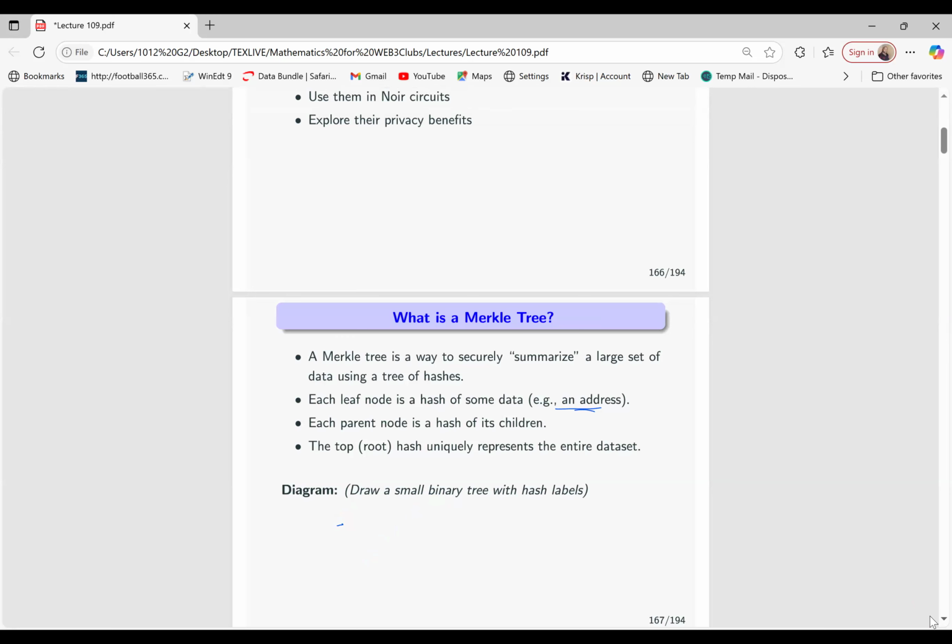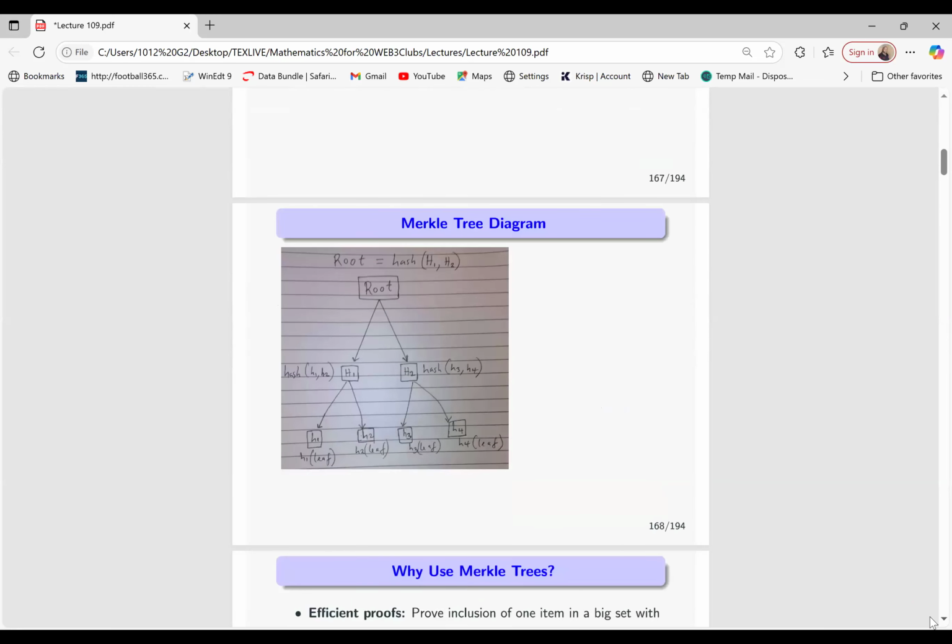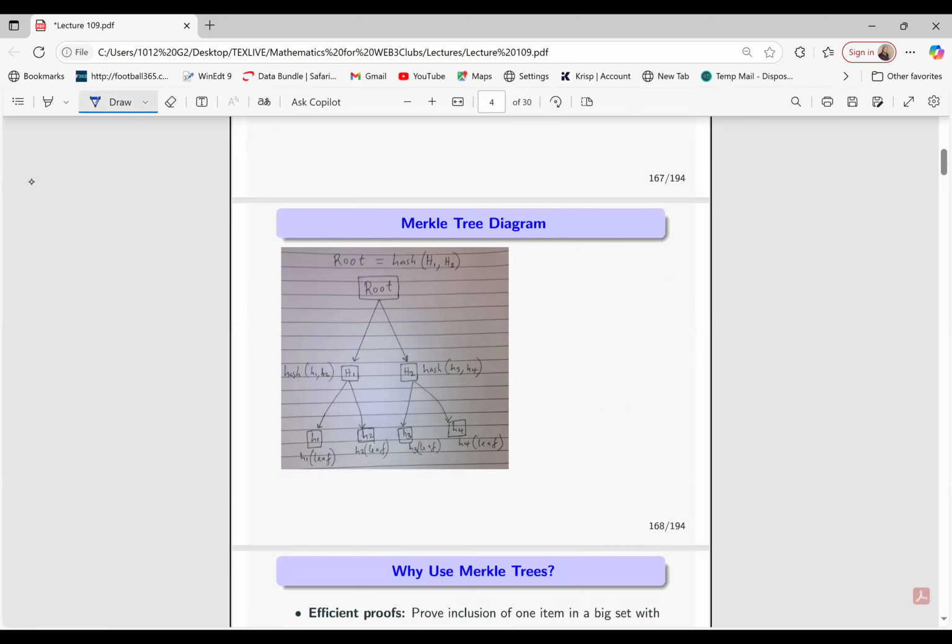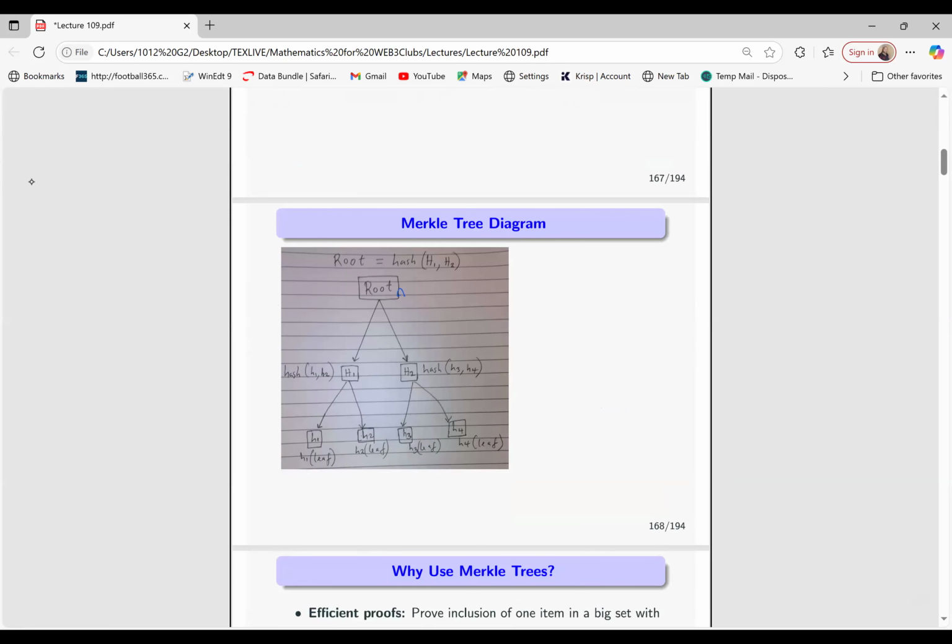Now I've drawn something just to illustrate that. I think it's clear, you can see it. So you have the root, and then we have this child and this child, and the other children out of this.